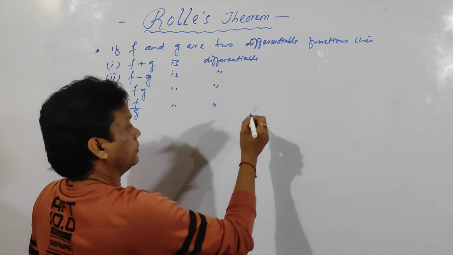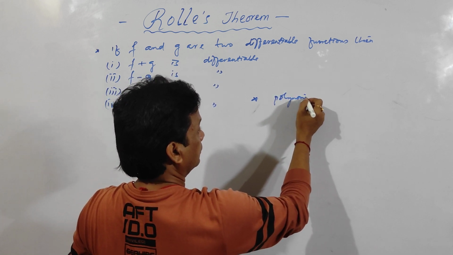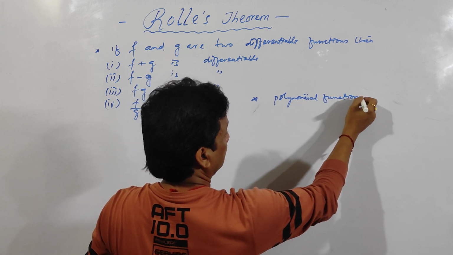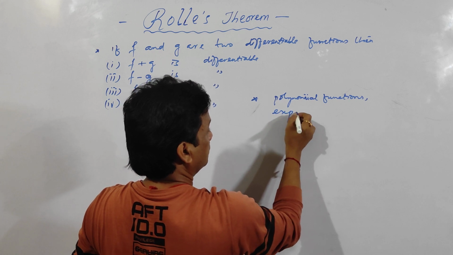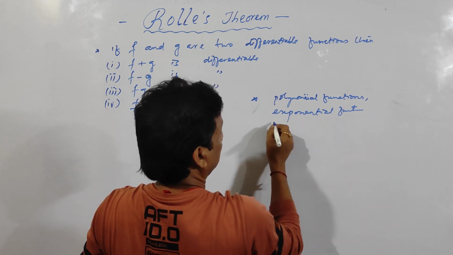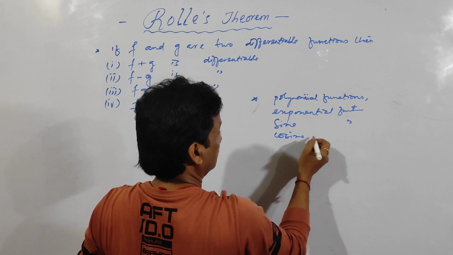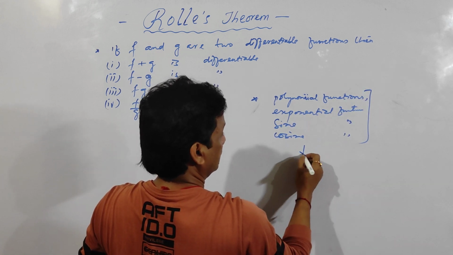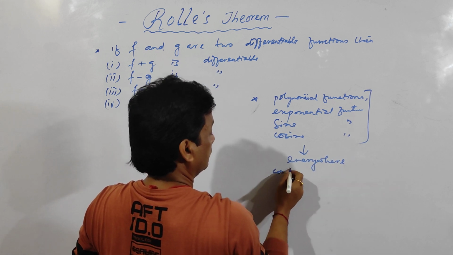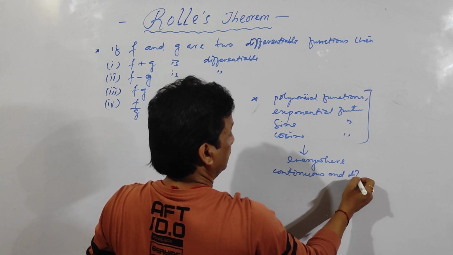And now, a very important point: polynomial functions, exponential functions, sine function and cosine functions. These four functions are everywhere continuous and differentiable.